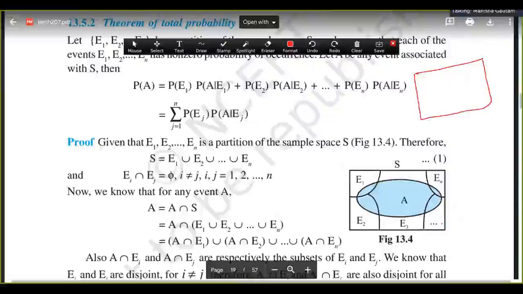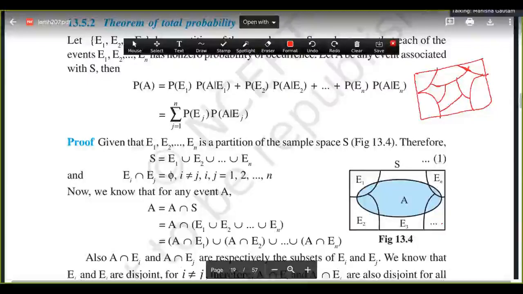E1, E2, E3 are the events, suppose, like this. All these are disjoint. They do not have any element in common. These are the partitions which are mutually disjoint.